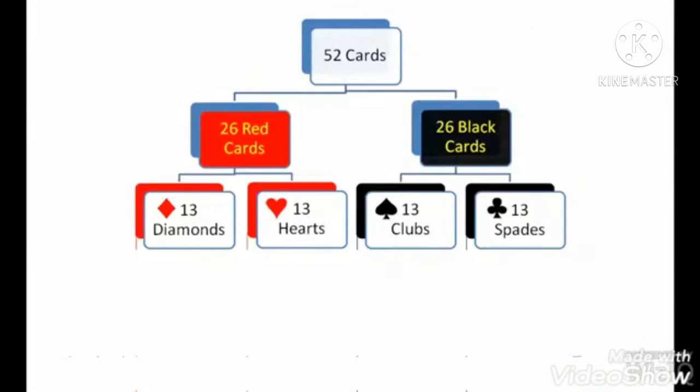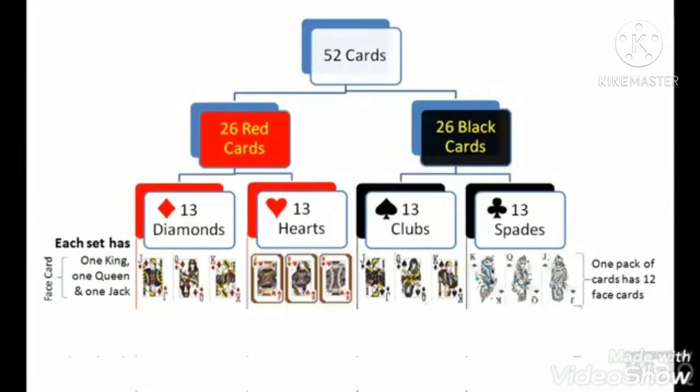Now, in each set, there is one king, one queen, and one jack card. These cards are called face cards. So diamonds have 3 face cards: king, queen, jack. Hearts have 3 face cards: king, queen, jack.